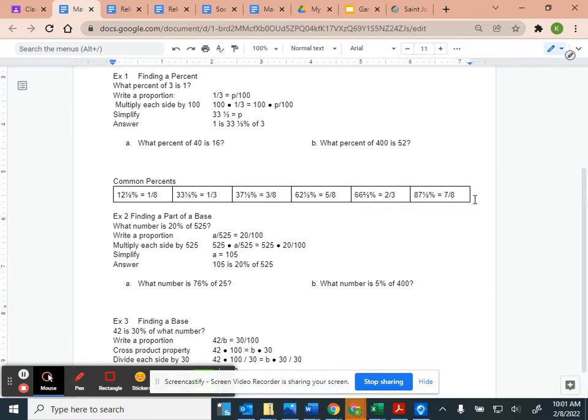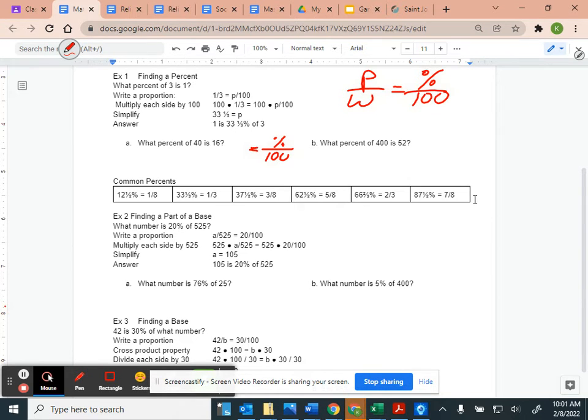So what percent of 40 is 16? So remember, we had part over the whole equals percent over 100. So what percent? So we're looking for our percent, which we know is over 100.